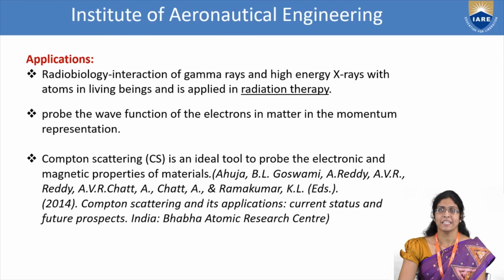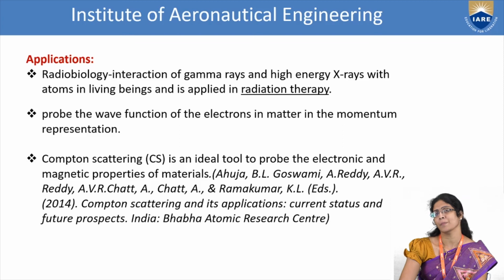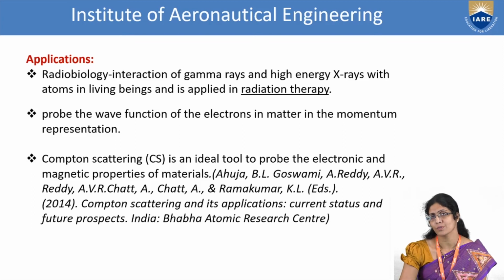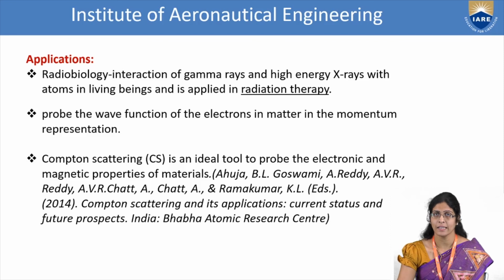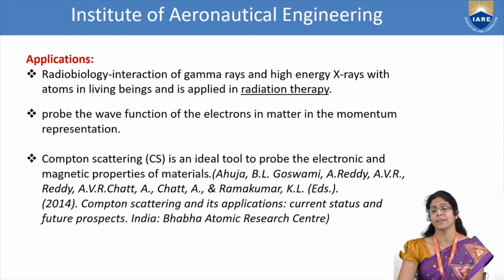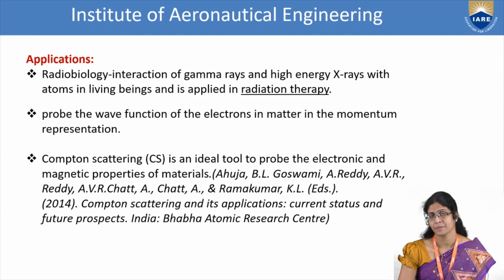Coming to the application part, before I start, I want you to recall what we have learned about what exactly is happening in Compton scattering. The incident photon hits the electron. The electron recoils, taking energy from the incident photon.